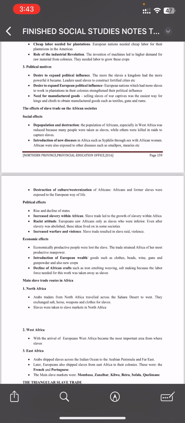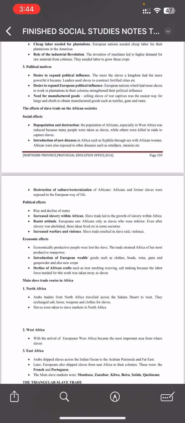Okay. Then under economic effects, economically productive people were lost to the slave trade. This is the point I've already explained. Africa lost most of its productive manpower. The best of men from Africa were taken to work as slaves in America. Okay.